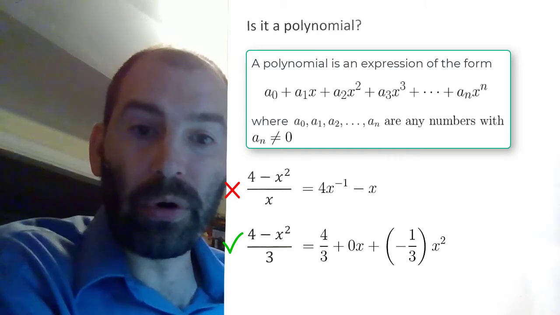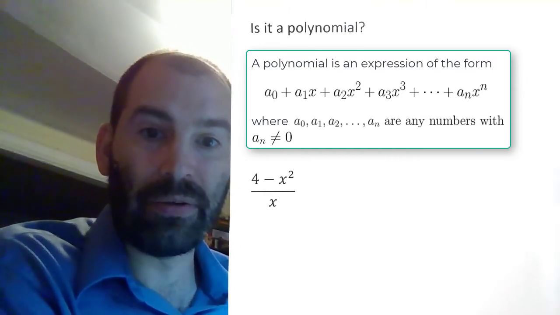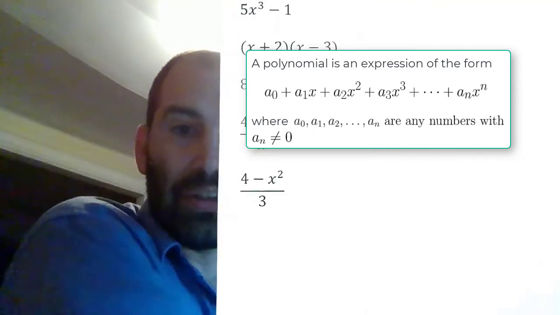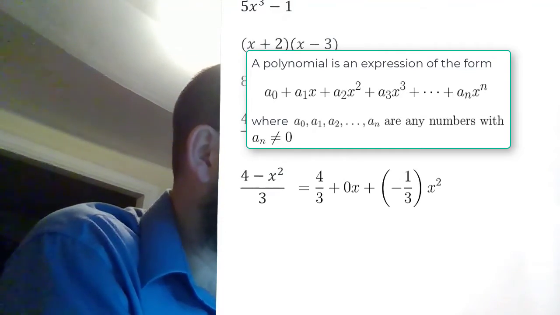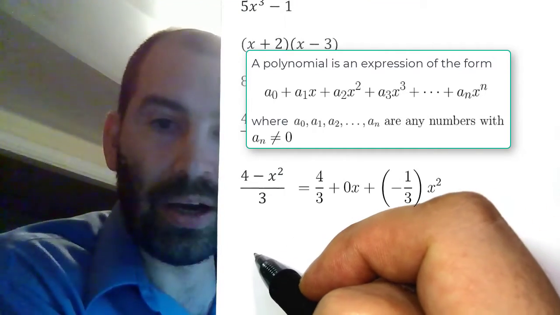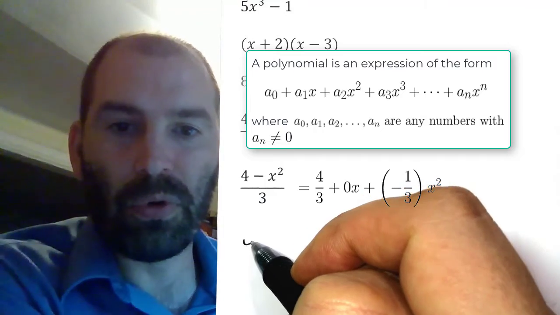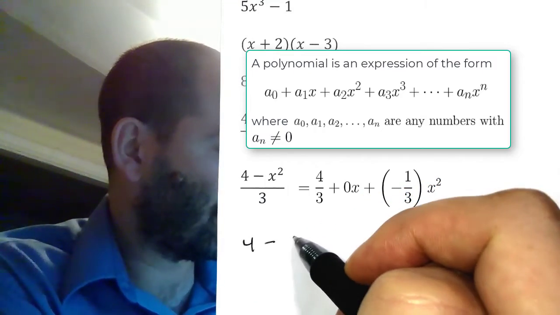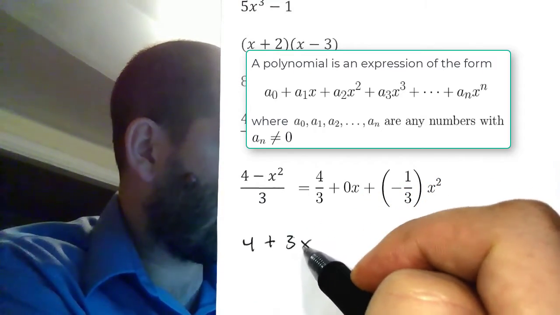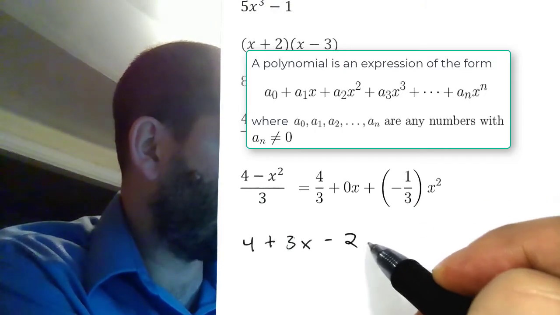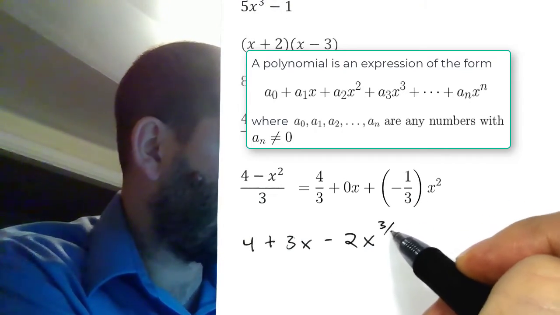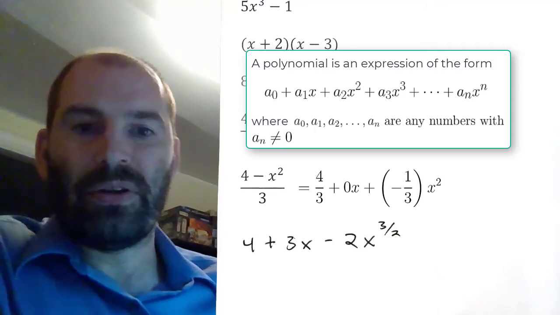Let me do one more here that I didn't have written down. I'll just write it down right now. Here, let me scoot this up, and I'll write it in here. Let's do 4 plus 3x minus 2x to the 3 halves. Is that a polynomial?